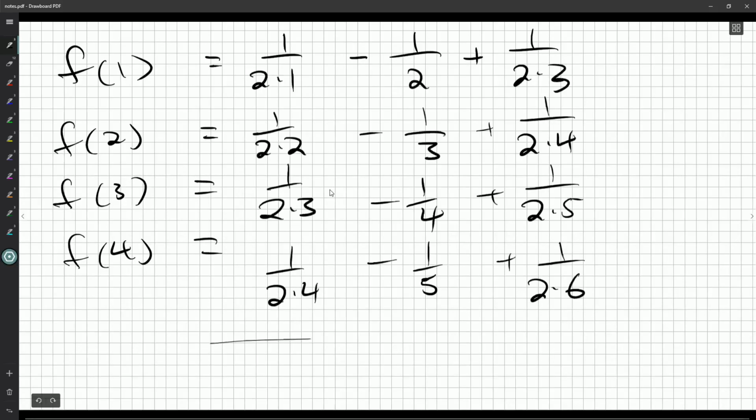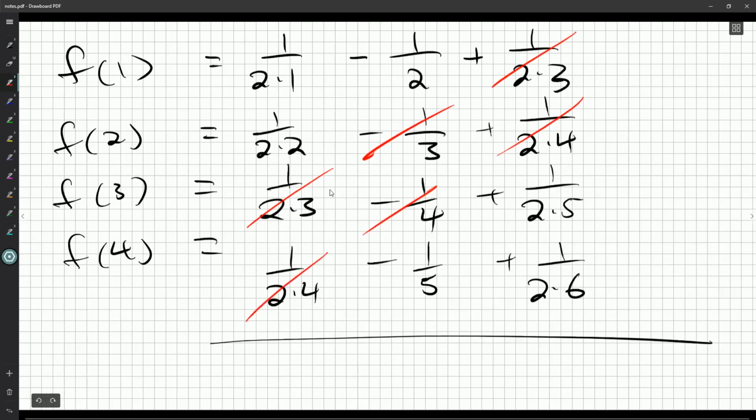And so if we're adding all these up, take a look here. We get minus 1/3 and then plus a half a third plus a half a third. These cancel out. Same with these ones. These cancel out.